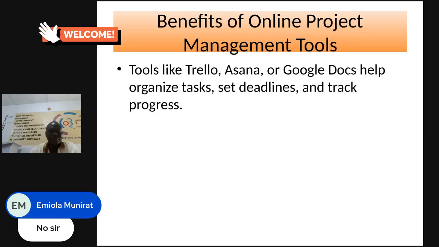For example, tools like Trello, Asana, and Google Docs will help you to organize your tasks, set your deadlines, and track your progress. You should be able to know all this. What you can do is make use of ChatGPT to tell you how you can use Trello for your projects as your project management tool.